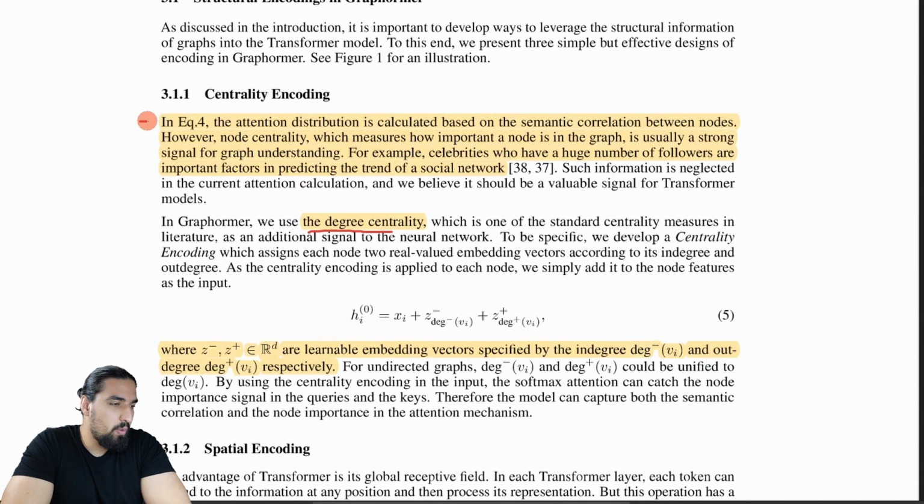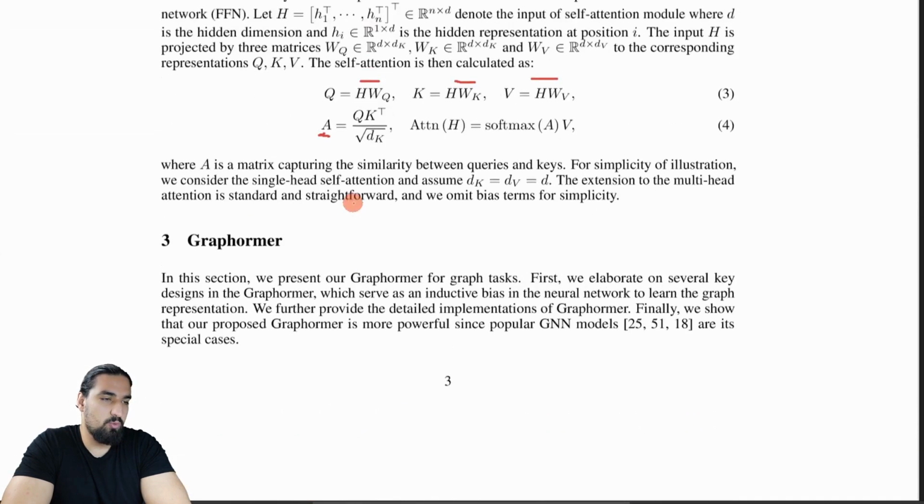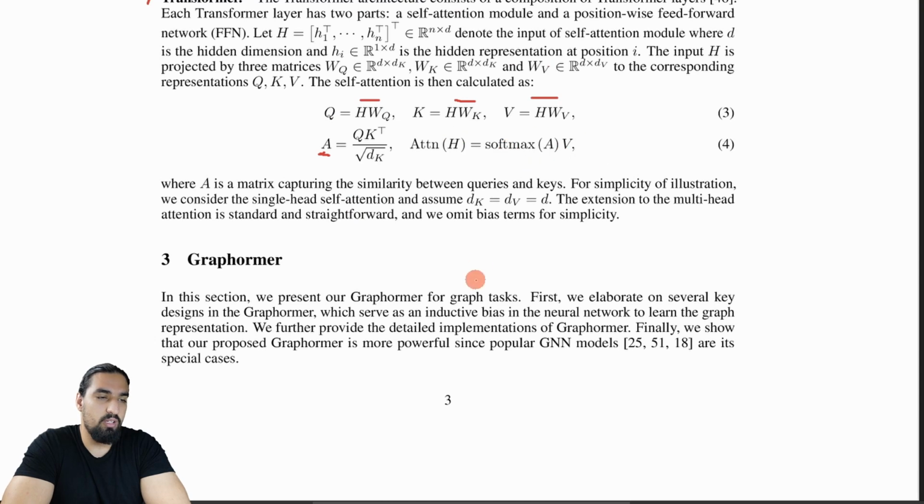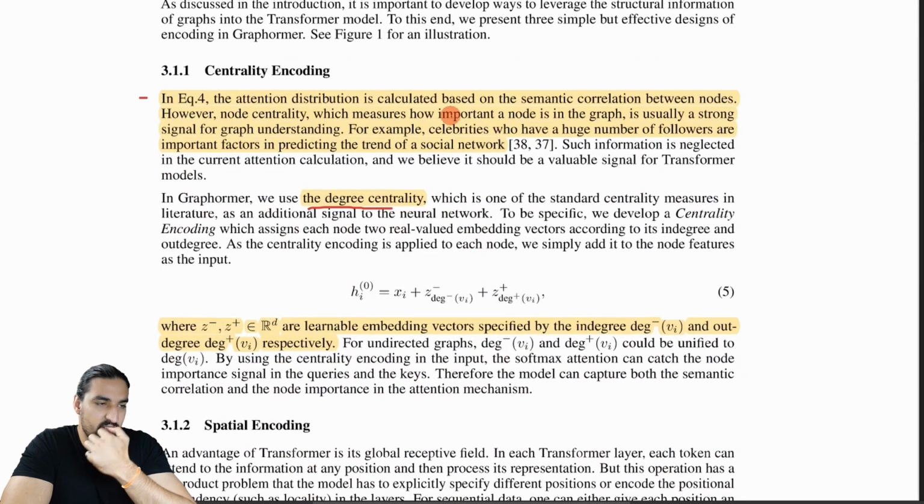They say it here in equation 4. Equation 4 is just a transformer equation for accumulating value vectors. The attention distribution is calculated based on the semantic correlation between nodes. So that's the query-keys dot product. However, node centrality, which measures how important a node is in the graph, is usually a strong signal for graph understanding.